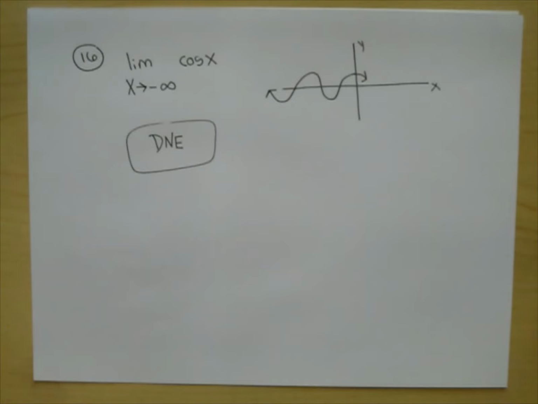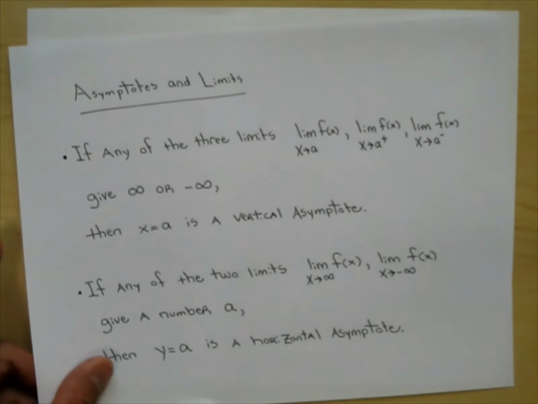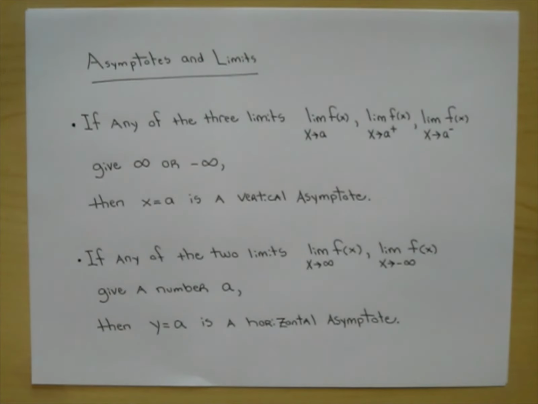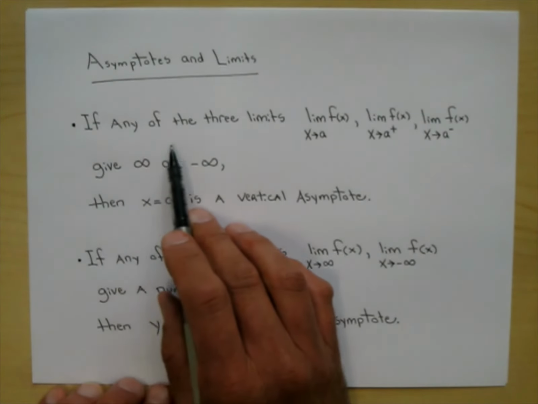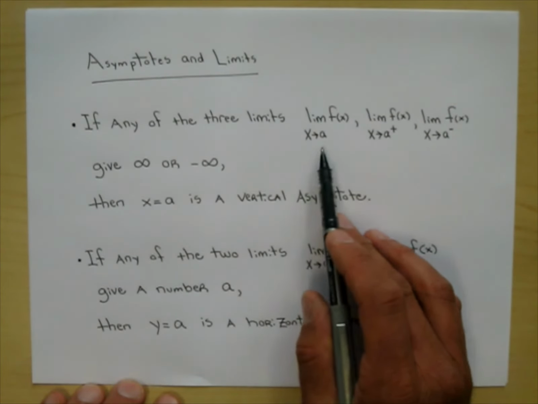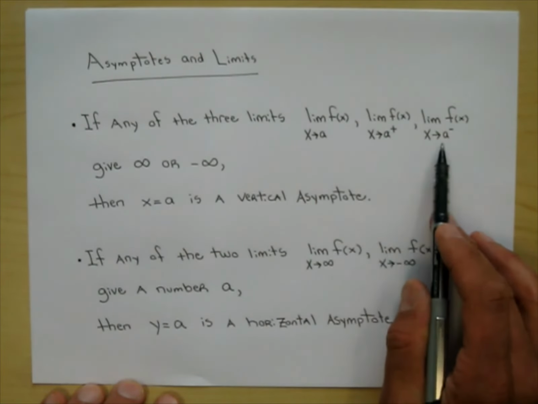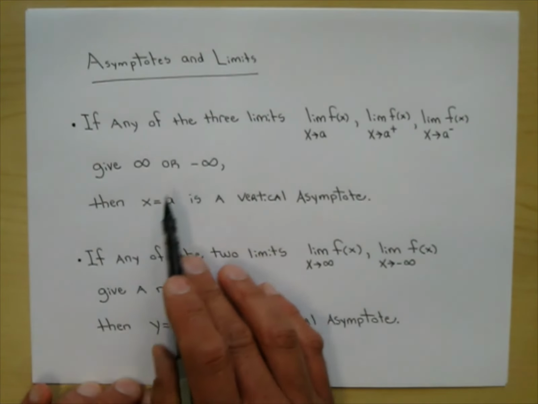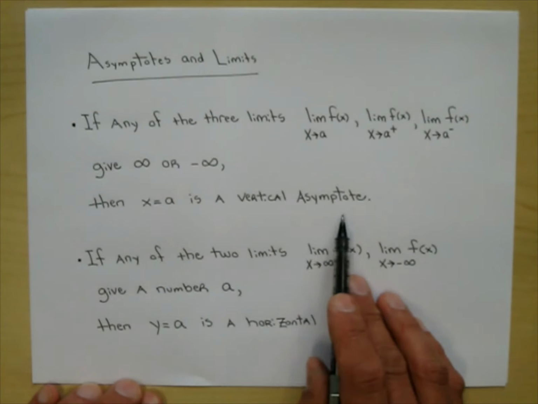Okay, so let's sum some things up here. I pretty much gave you this information, but I'll put this in the note sheet as well. It's this right here. Asymptotes and limits. If any of the three limits, limit as x approaches a, or a from the right, a from the left of the function, give infinity or negative infinity, then x equals a is a vertical asymptote.